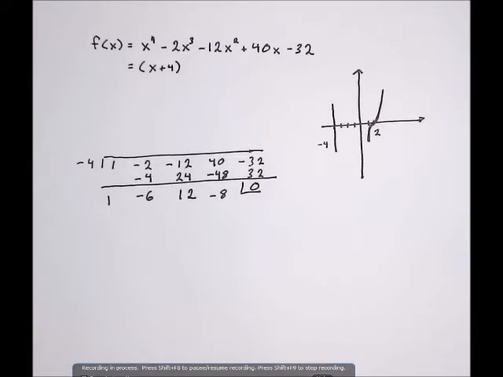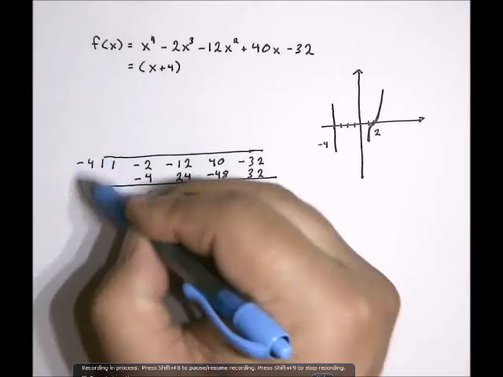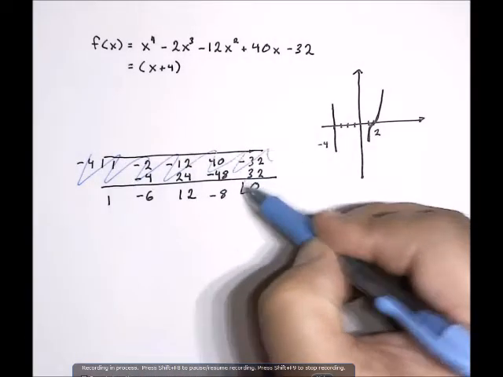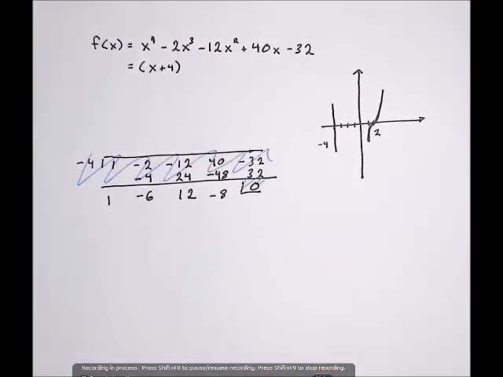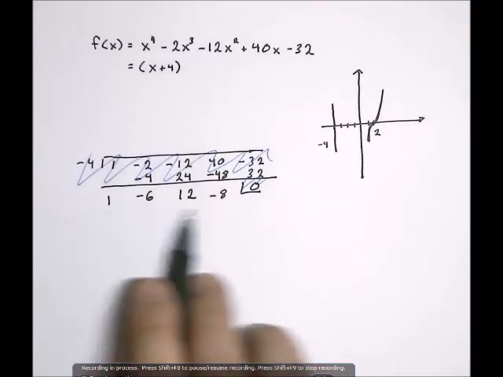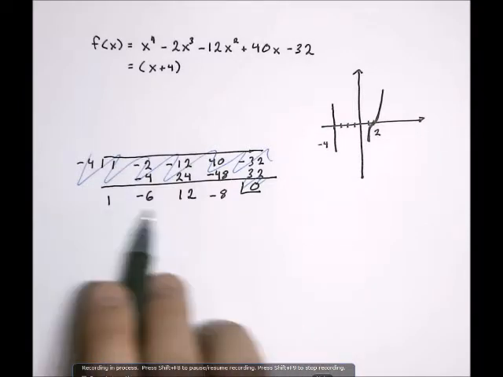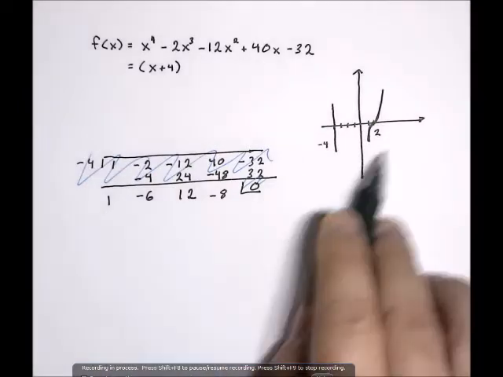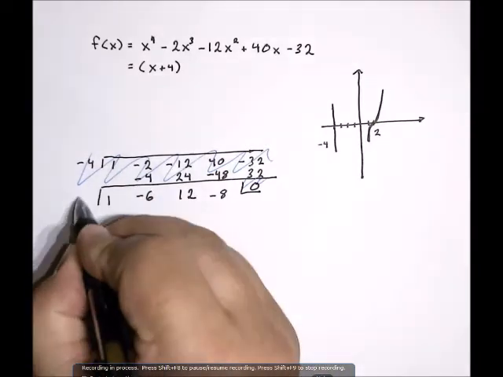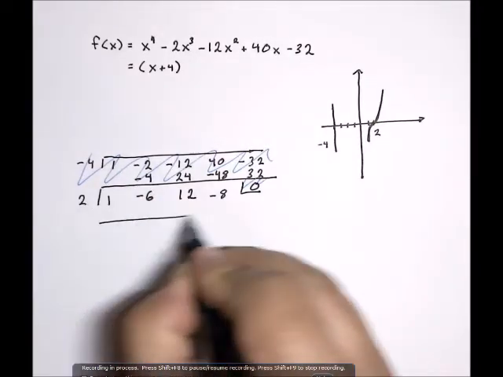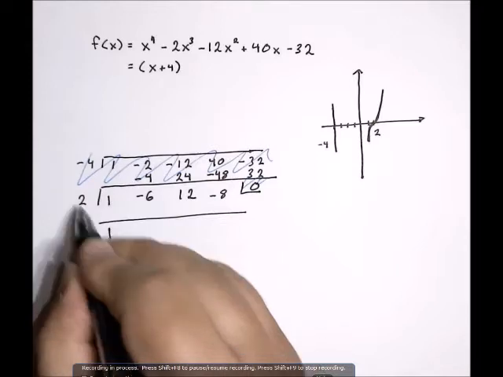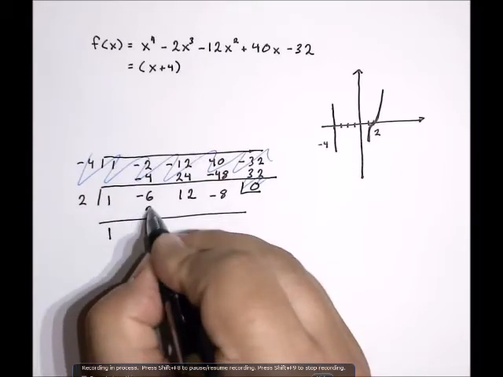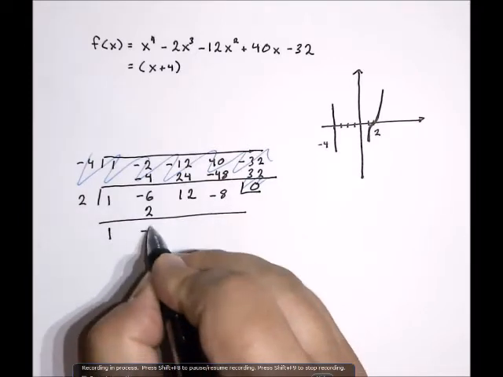Now we're interested in reducing this polynomial to make things easier, so I don't care about any of this. I just care about what's left over after I've completed that operation. So now, just working on this, I'm going to divide out the 2. So I bring down the 1, multiply by 2, bring it up here. Add them together.